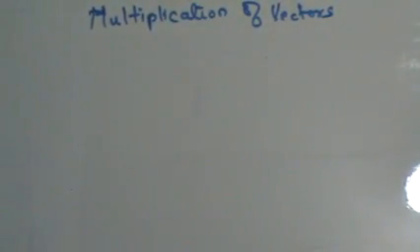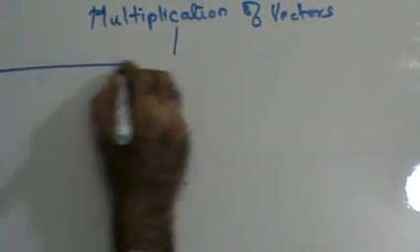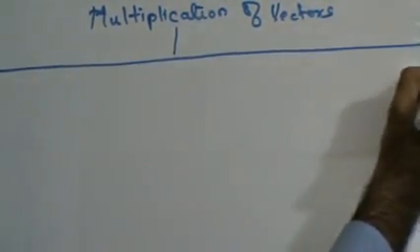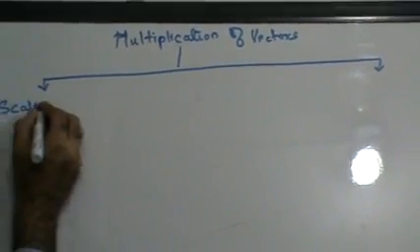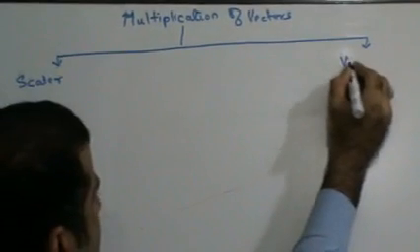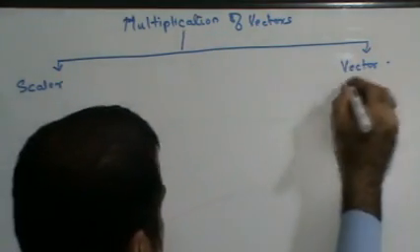Now when you multiply two vectors, you can do it in two methods. One is called the scalar product. One is called the vector product. Right? Vector product is also called the cross product.